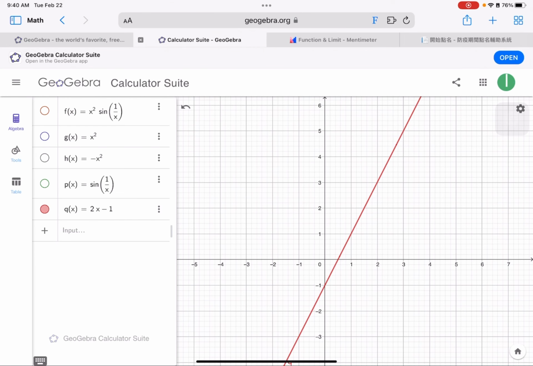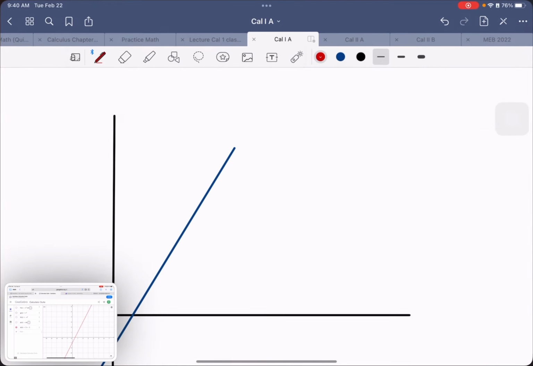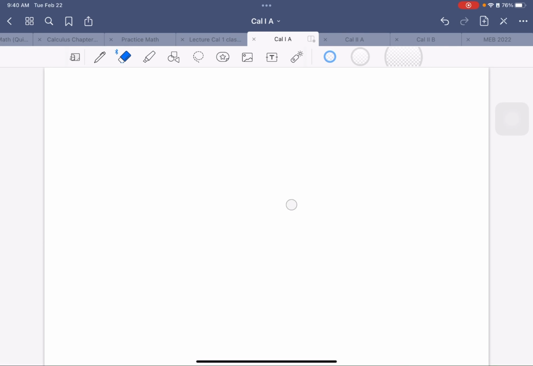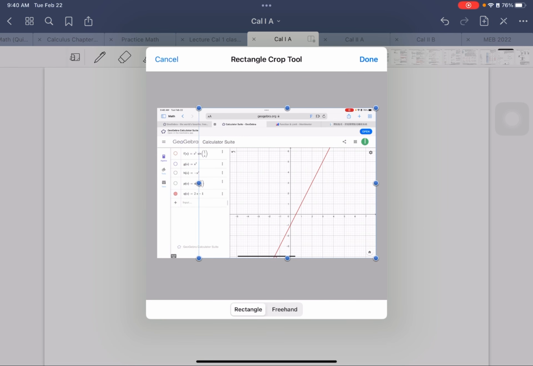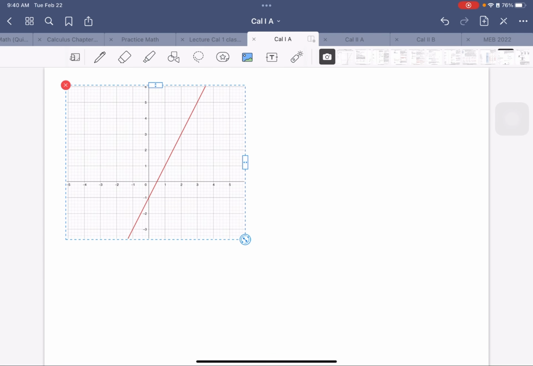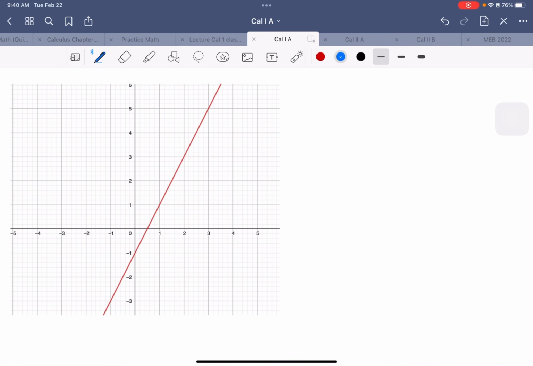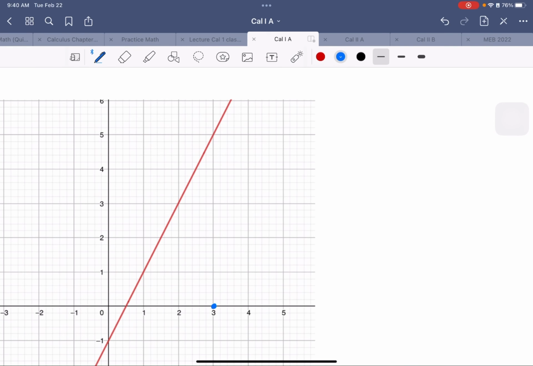I think it is better to just use the graph directly. Let's say this is 3, and at this point it has a hole.